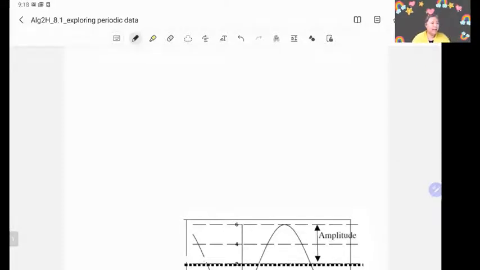As you already saw in the video, periodic data, periodic functions, is nothing but any situation where something repeats. You will see exactly the same shape over the graph over and over again.